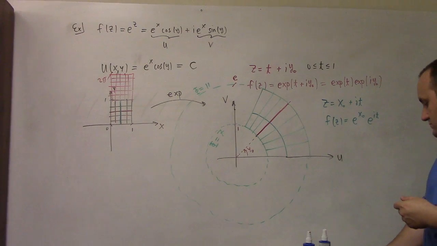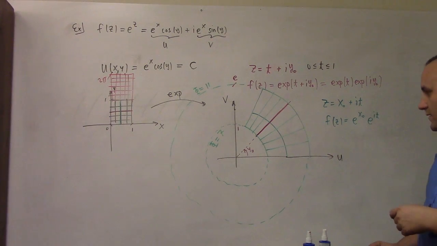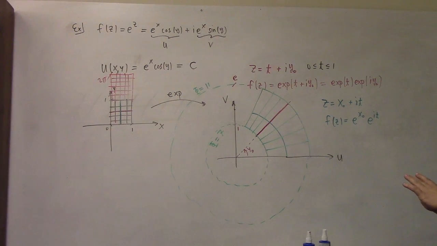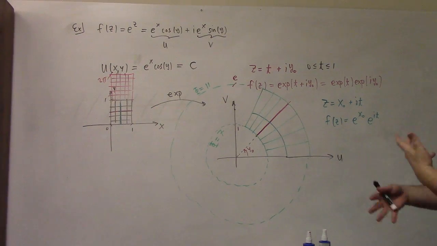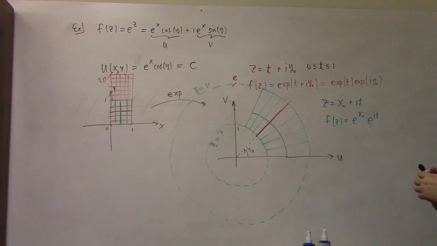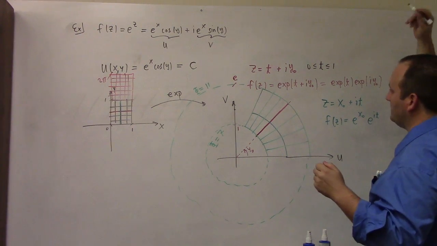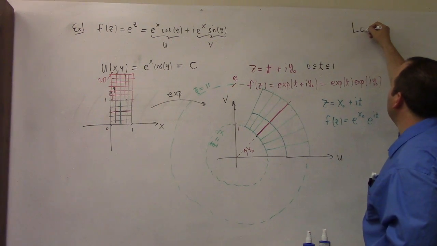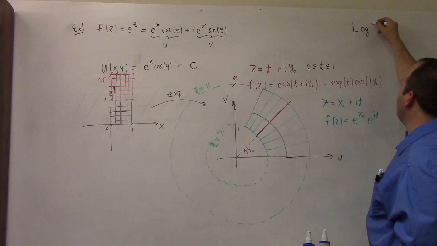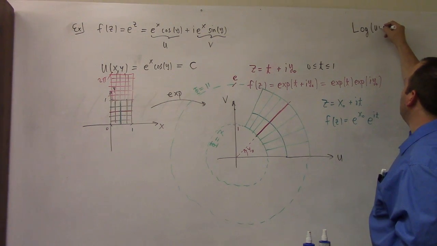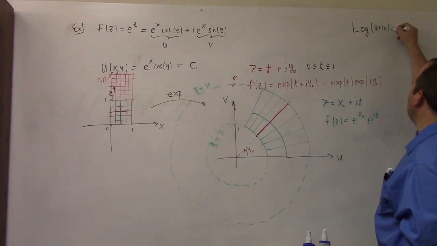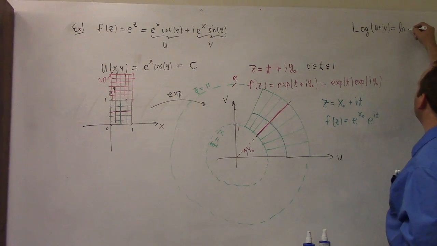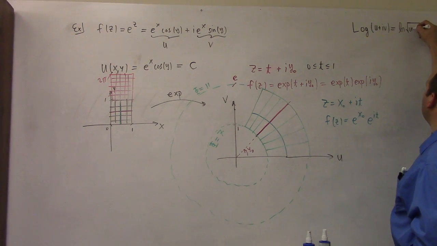So we're finding the big phi to start with. You study complex enough to know that the log of u plus iv is equal to the natural log of the square root of u squared plus v squared.